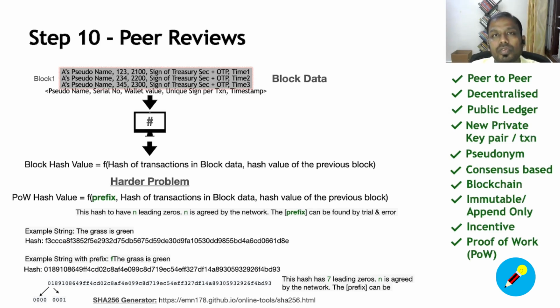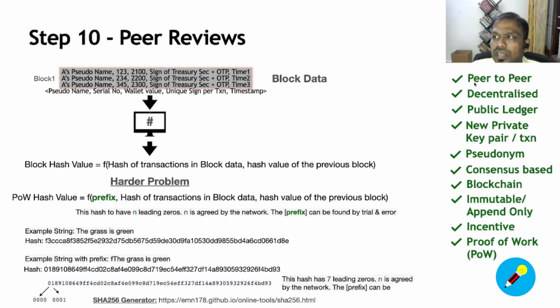Thereby, post that validation, they will be able to take that incentive. So I hope with this we have pretty much completed all the key aspects of blockchain, and what we have seen in the video so far is a design that will allow a blockchain to be technically sound in handling transactions and maintaining these transactions.